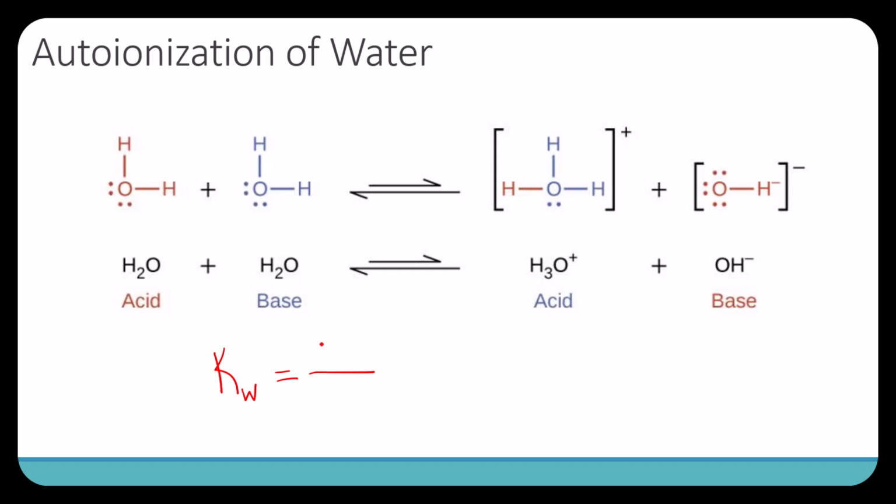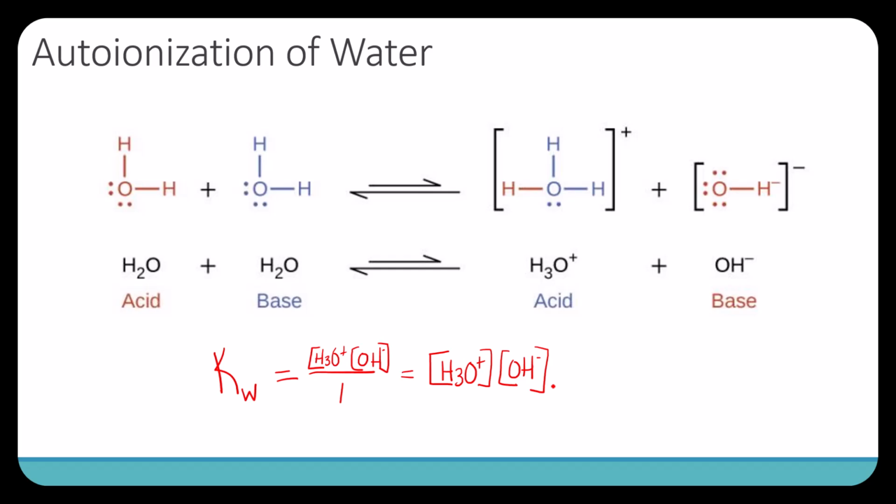So our products are going to be hydronium and hydroxide. And our reactants are water and water. Water is a liquid, so we don't include it. So if I were to kind of clean this up a little bit, the Kw value is just simply hydronium times hydroxide.